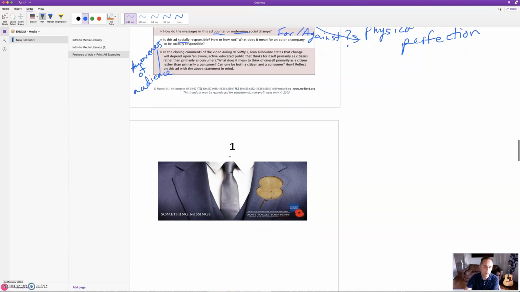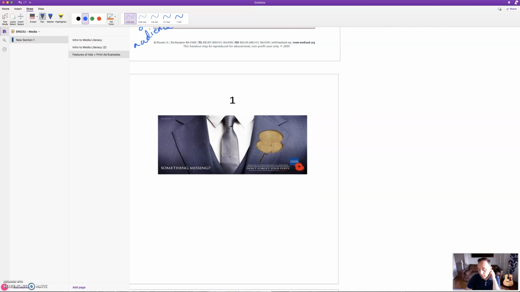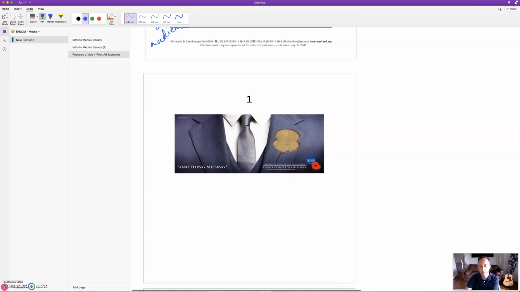Now let's take a look at a few ads. I have not written the explanations on this version of the document, but I believe I posted another one on our site where you can see a write-up with some of the background. So thinking about our 5 features, what's the product?